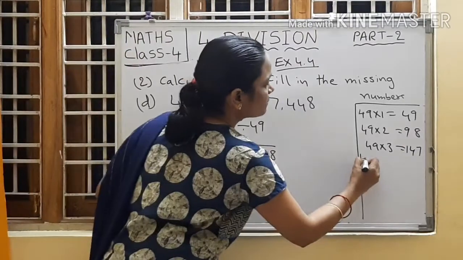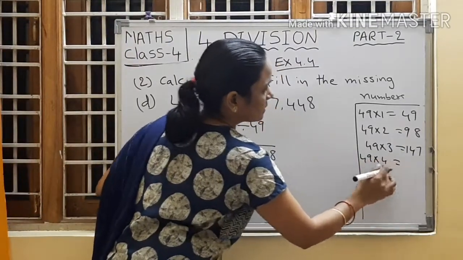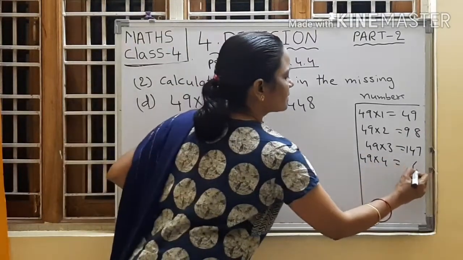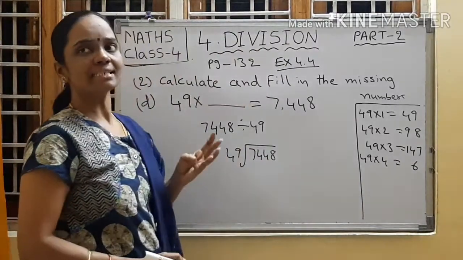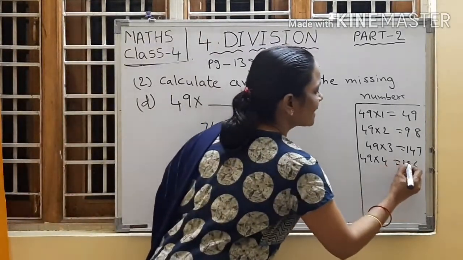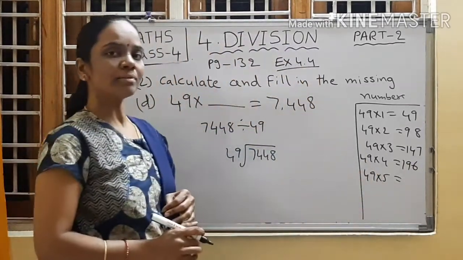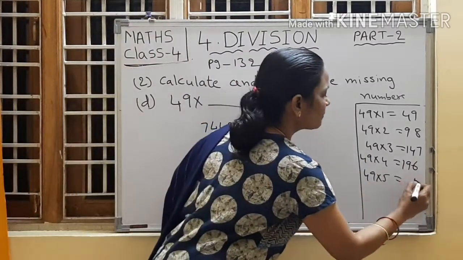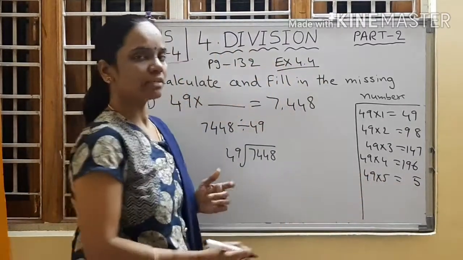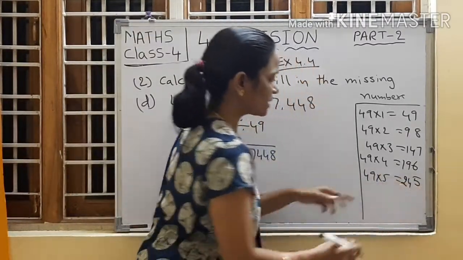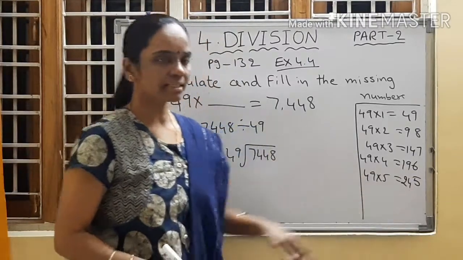Next, 49 fours are 9 fours are 36, 4 fours are 16, 17, 18, 19, 196. 49 fives are 5 nines are 45, 5 fours are 20, 20 plus 4, 24, 245.